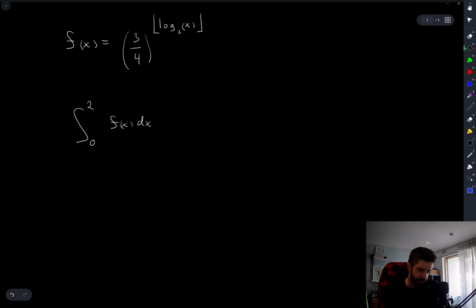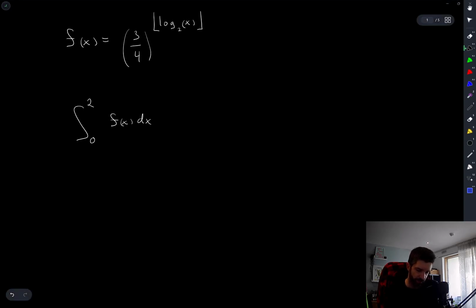So the idea is probably to write this as a sum of some sort. Maybe first start by doing a change of variables. Let u equal log base 2 of x, something like that.